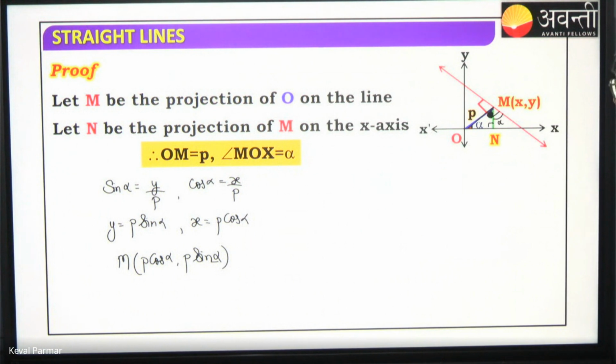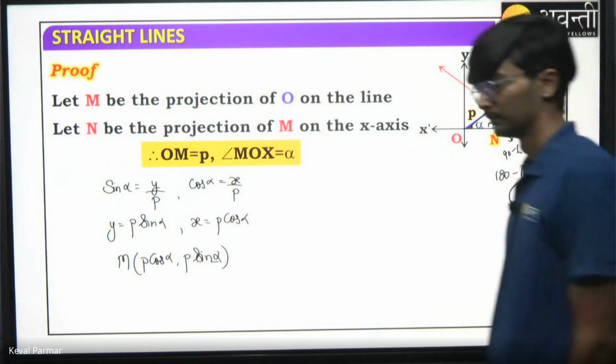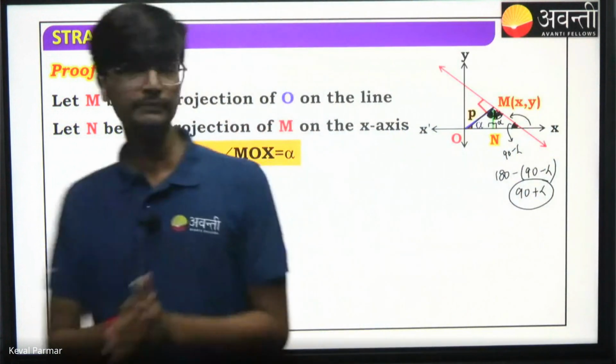Now, if this angle is alpha and this is again 90 degrees, this angle will be 90 minus alpha. We want this angle. What will it be? 180 minus 90 minus alpha, that is 90 plus alpha. Is it clear till here, guys?